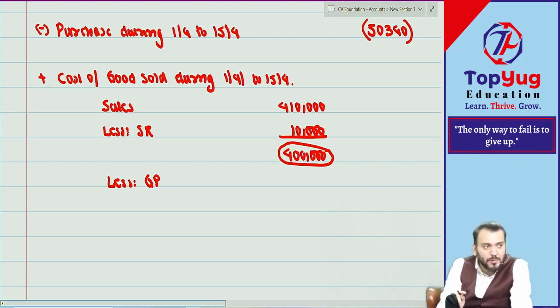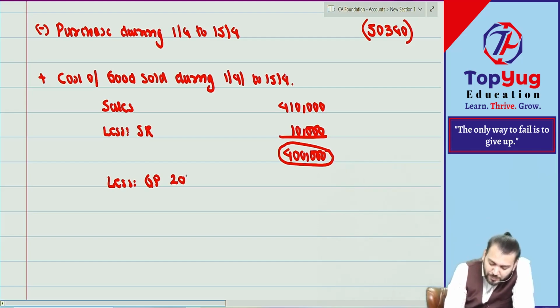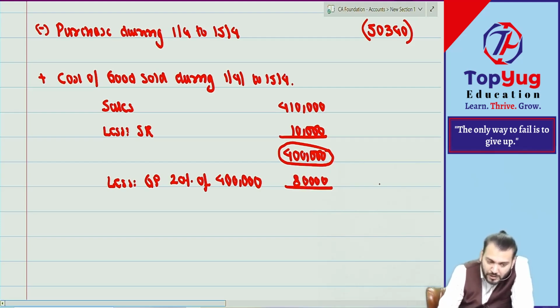So you'll apply 20% on sales only, and sales is given. So will you convert it? No. So GP is 20% of sales. How much is it? 80,000. So it becomes 3,20,000.